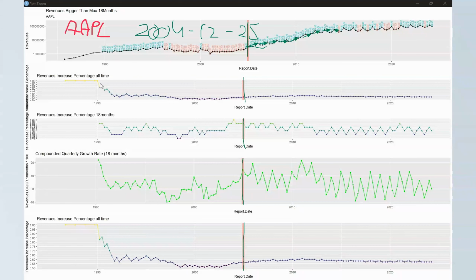What it does is calculate how many quarters were positive of all quarters so far.